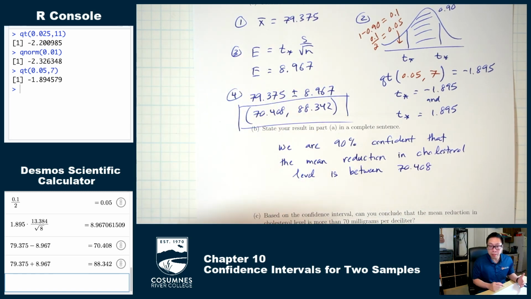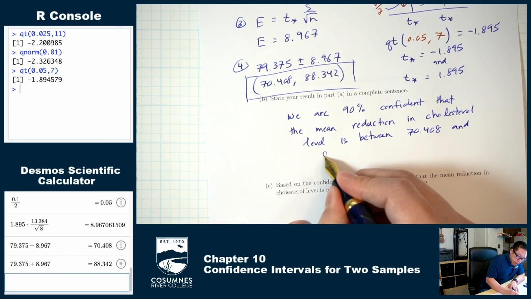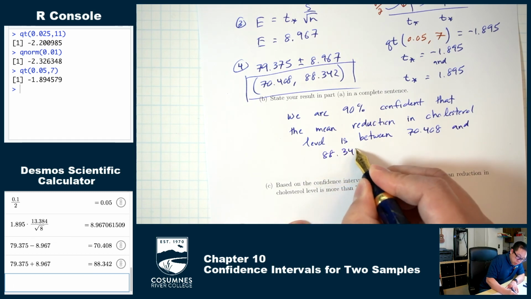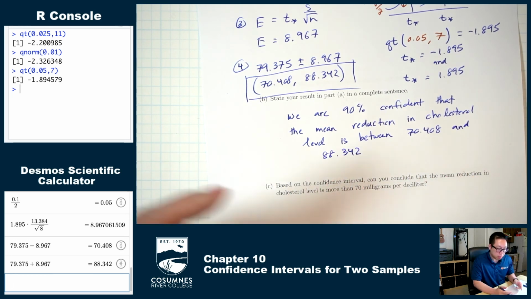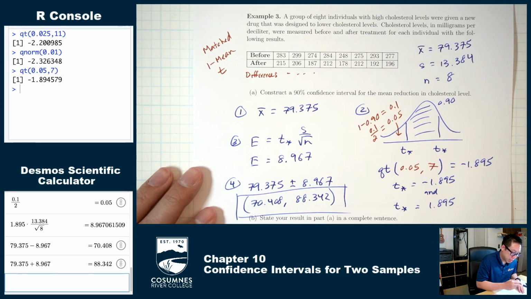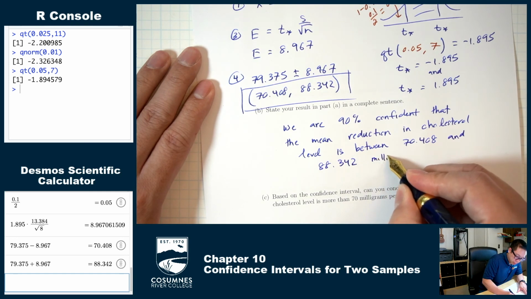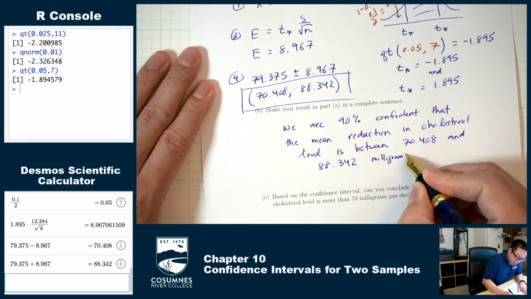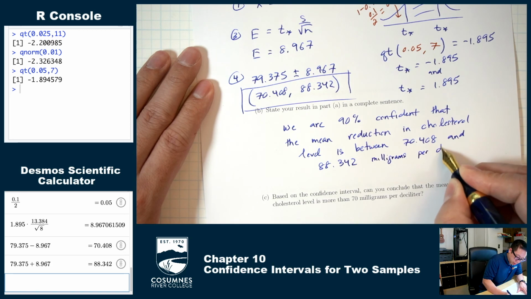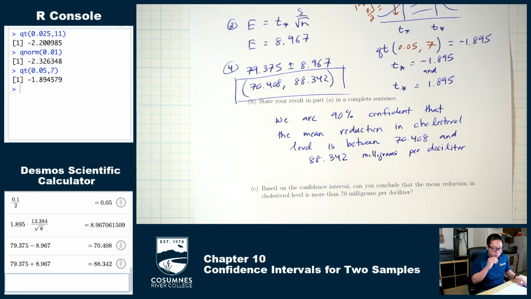We're talking about means here, so you don't convert this to percents. So these are cholesterol levels, which should be what? Milligrams per deciliter. Those are the units for cholesterol level.